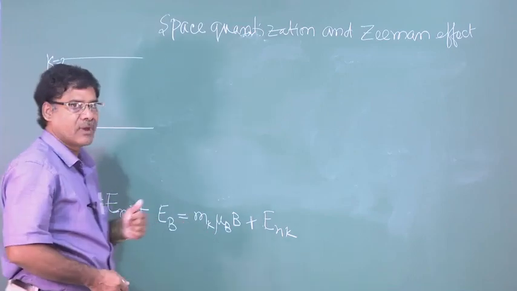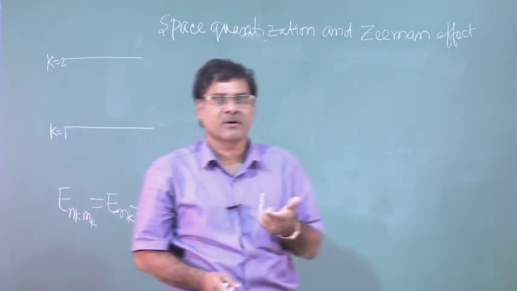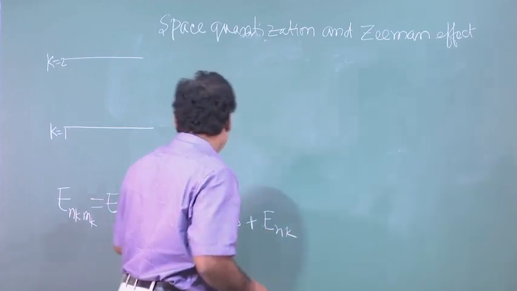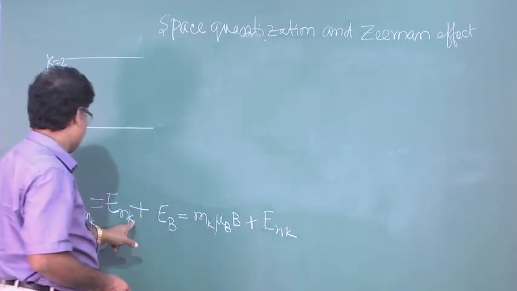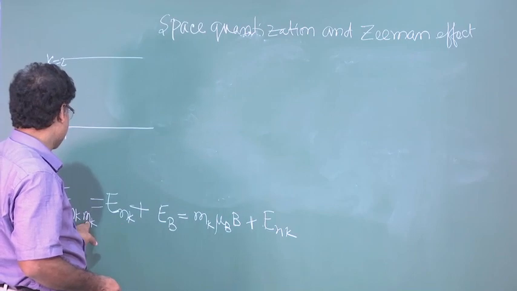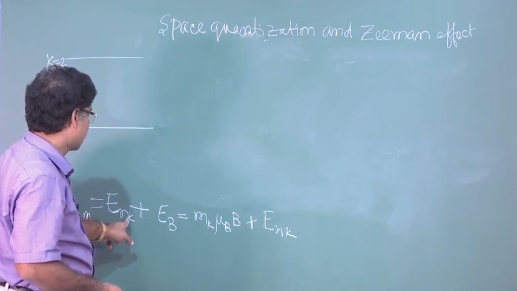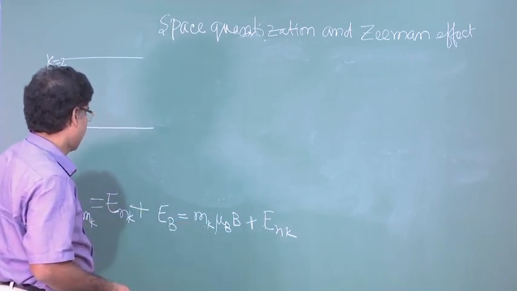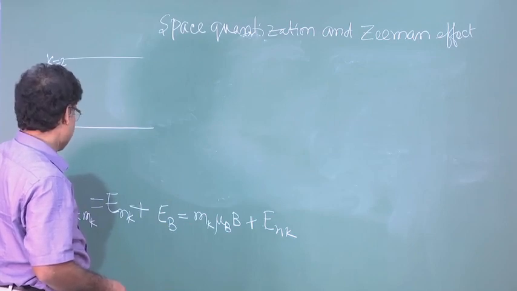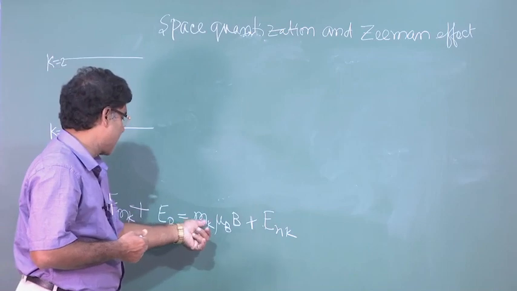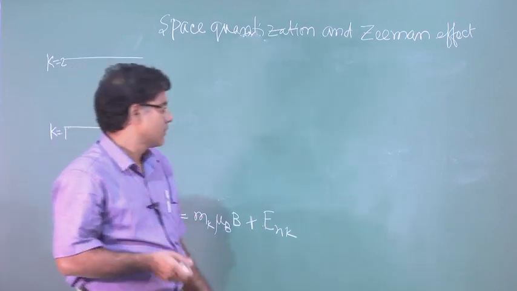For each k we have how many values? 2k plus 1. So for k equal to 0, the m value will be 1, so m k is 0.